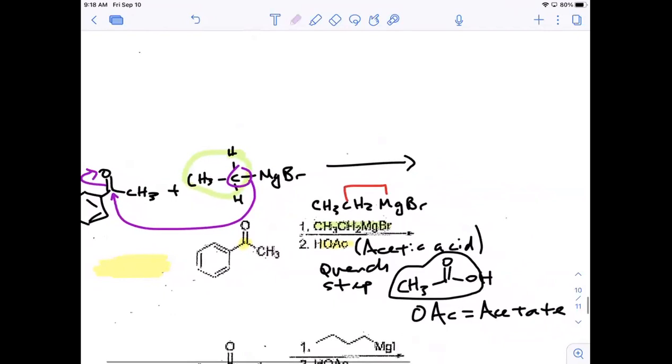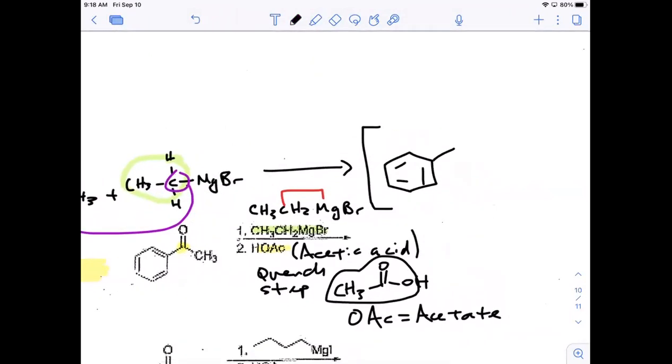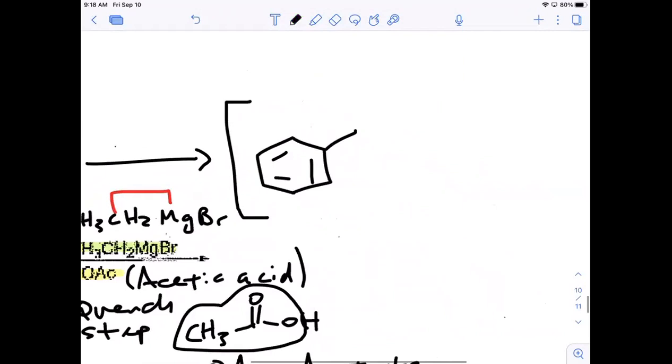All right, so over here I'm going to draw the intermediate. This is still intact. I didn't touch it. Right now I have oxygen here, which is negative. I have a CH3 that's still intact. I didn't touch that.